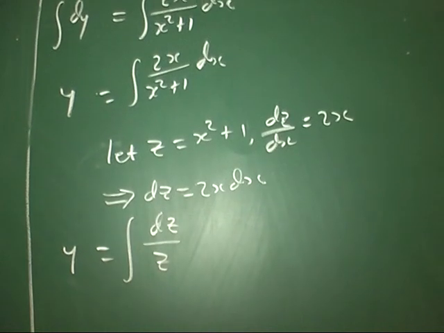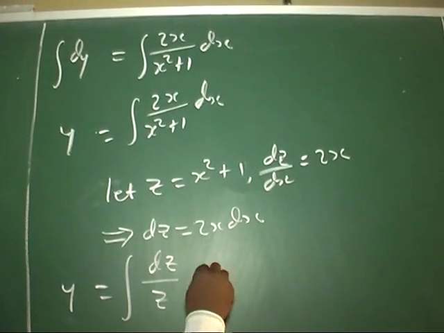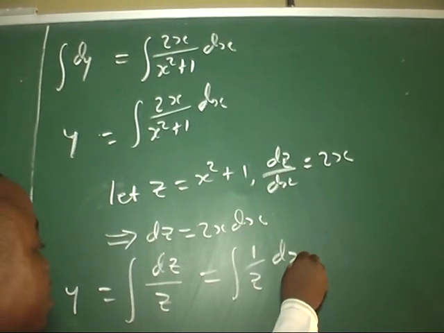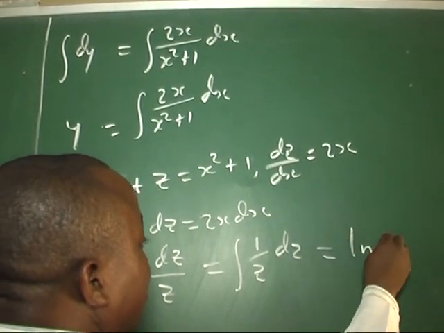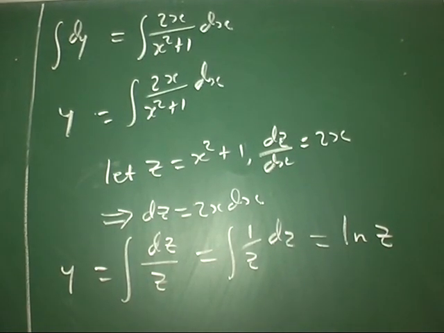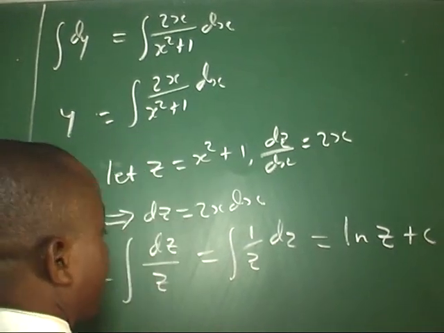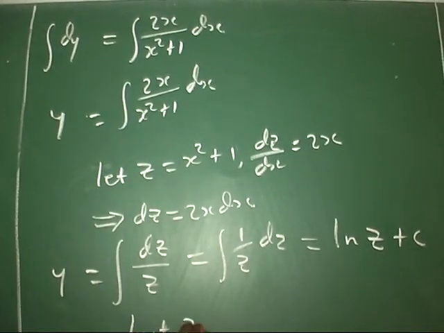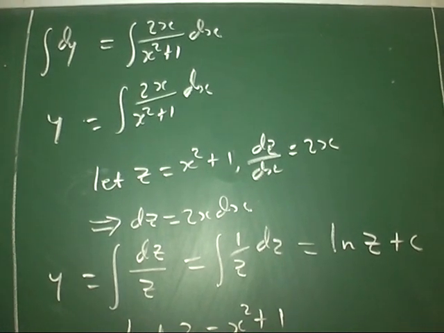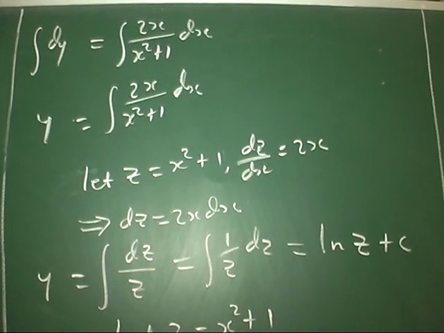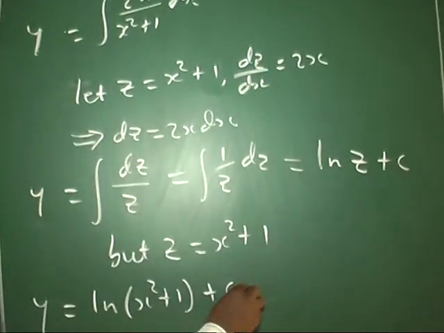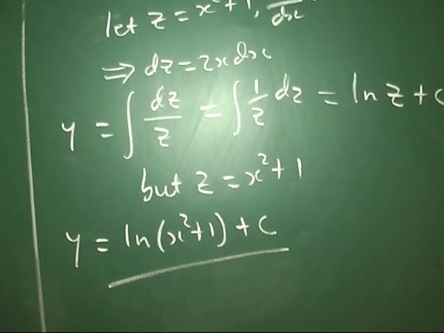In that way, we know that this is the same as integral 1 all over z dz, which we know as ln z plus c. But z is equal to x squared plus 1. So we have that y is equal to ln(x squared plus 1) plus c.